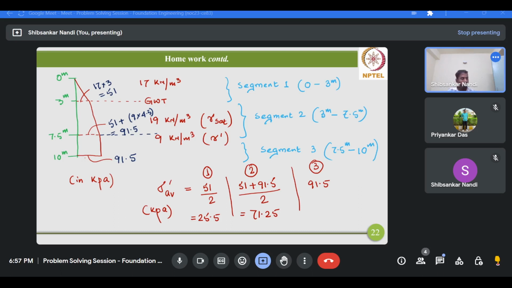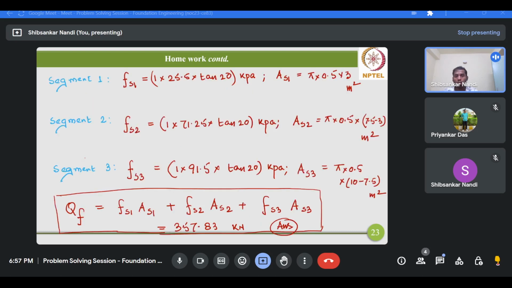So I think this is it for today's session. In this session, we have mostly tried to comprehend how to calculate the bearing capacity of a footing which is subjected to both eccentric and inclined loading.